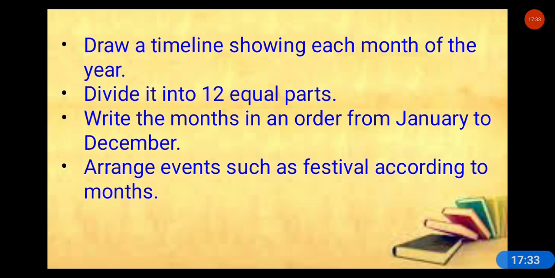When you follow this process, you will be able to do that. You have to draw a straight line and divide that line into 12 equal parts, and write months in order from January to December, and lastly arrange the events, such as festivals, according to the month wise.